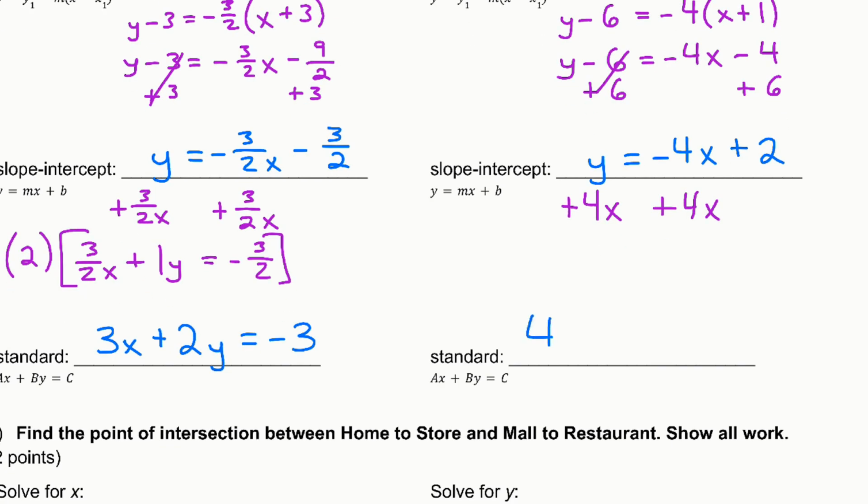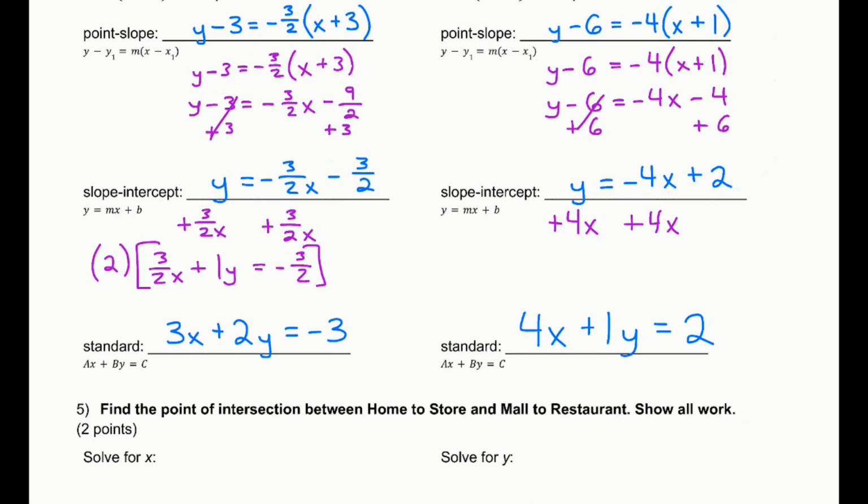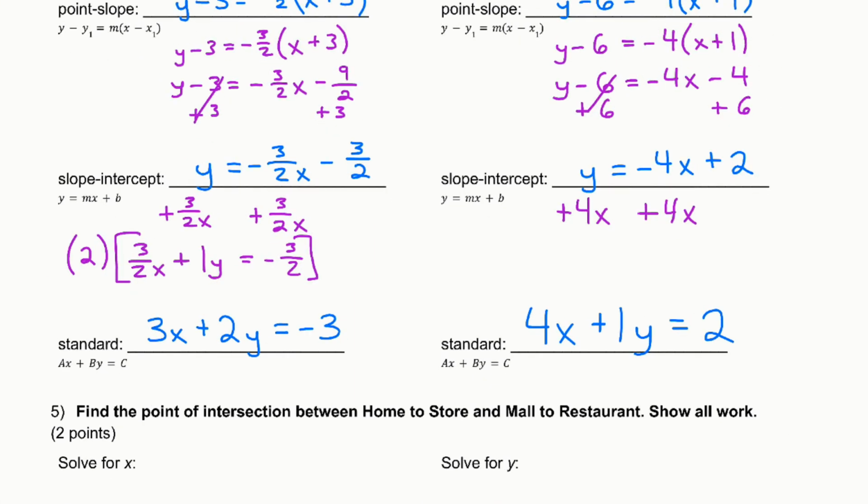So we'll have a 4x for my ax, and that's fine because that 4 is positive and it's not a fraction, plus the 1y. Again, it's not a fraction. It's okay if that's negative, but it ended up not being negative, so don't worry about it. And that's going to equal a positive 2. All right? And that's task 4. I know I did it really quickly, but the numbers are not that complicated, and the process is the same in both of them.